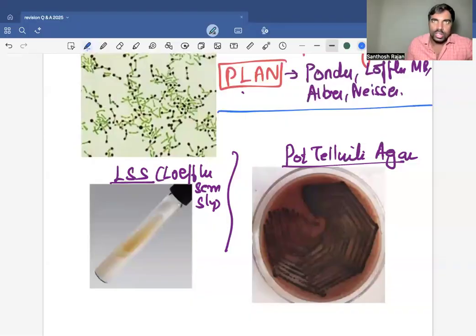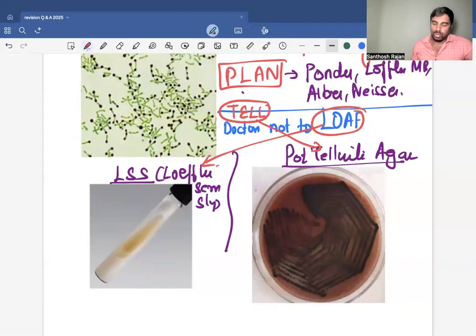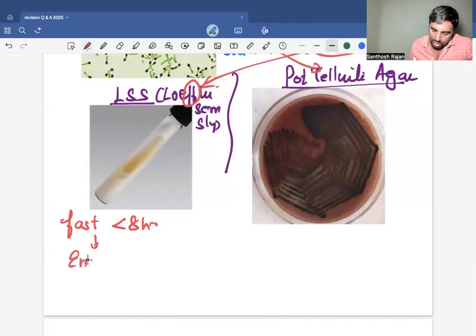Whenever you go to a diphtheria ward, you have to tell the doctors not to loaf around. Tell for potassium tellurite, lo for Loeffler's serum media. What is important here is that Loeffler's is fast. The growth will be within 8 hours, so this is an enrichment media.